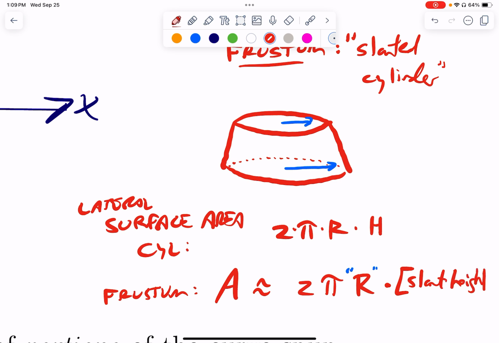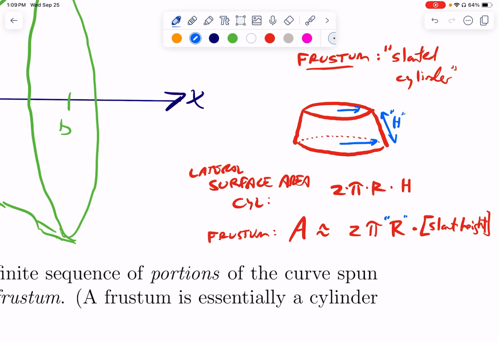This is not literally a height. What's playing the role of height actually is diagonal. So I'm putting that in quotes. So it's kind of like a cylinder, but we're realizing there isn't exactly one radius. And the quote-unquote height is not the vertical height, it's actually how much the slanted diagonal there.